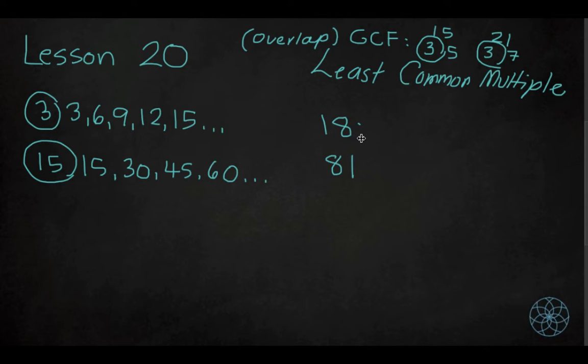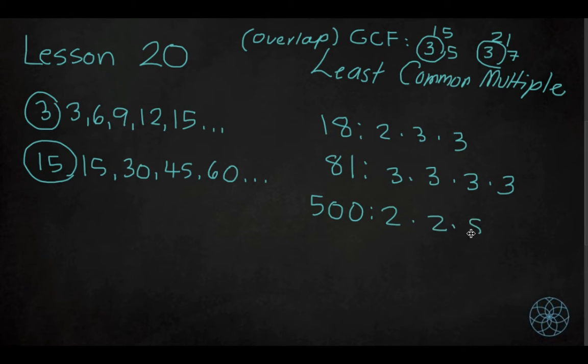So 18 we have 2 times 3 times 3. 81 we have 3 times 3 times 3 times 3. Actually, let's find the least common multiple of 18, 81, and 500, because you can do more than 2 numbers. So 500 would be 2 times 2 times 5 times 5 times 5.